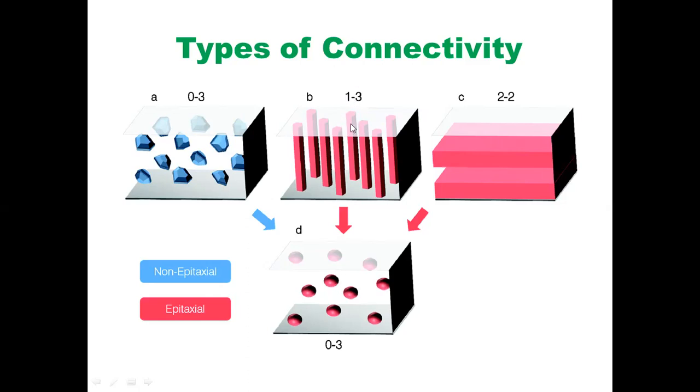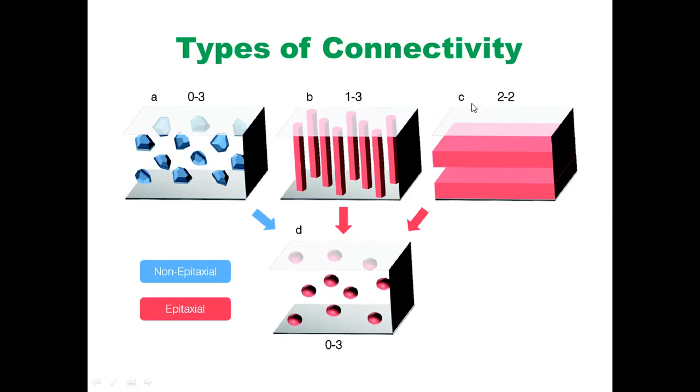Here you are immersing the nanorods into the lattice of the ferroelectric phase. So the type of connectivity in this case is the 1-3 connectivity.